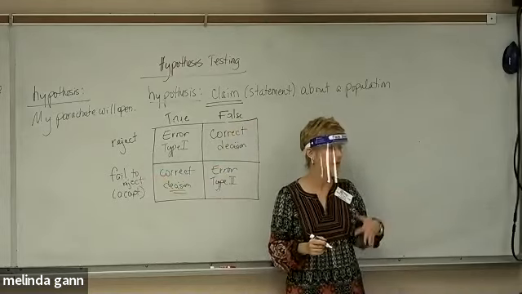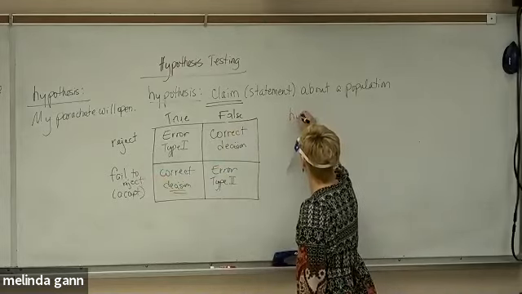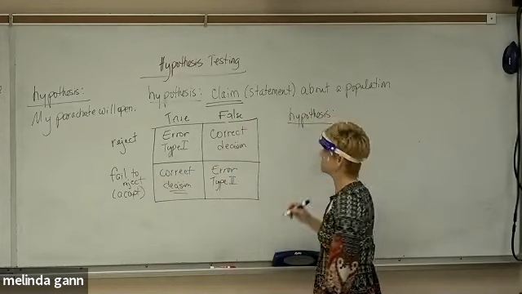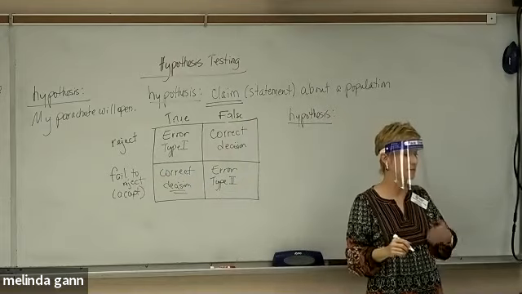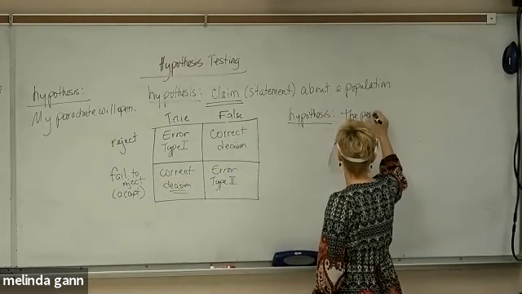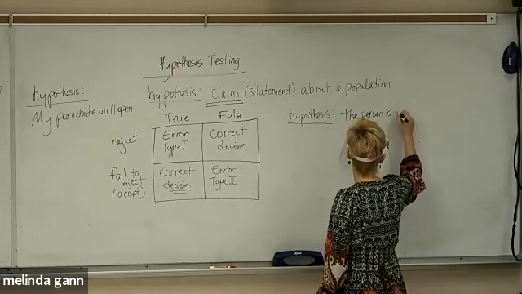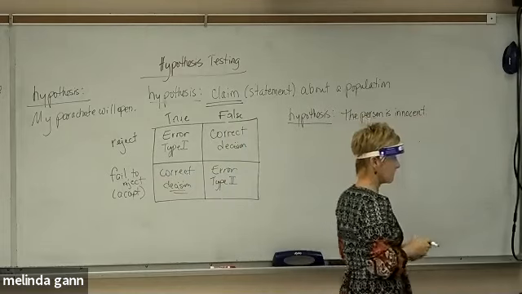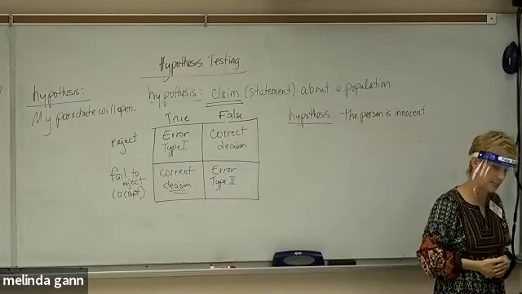Now, let me show you a different example, though. Here's another hypothesis. And this is the hypothesis on which the American court system is based. The person is innocent. All right, the person is innocent.